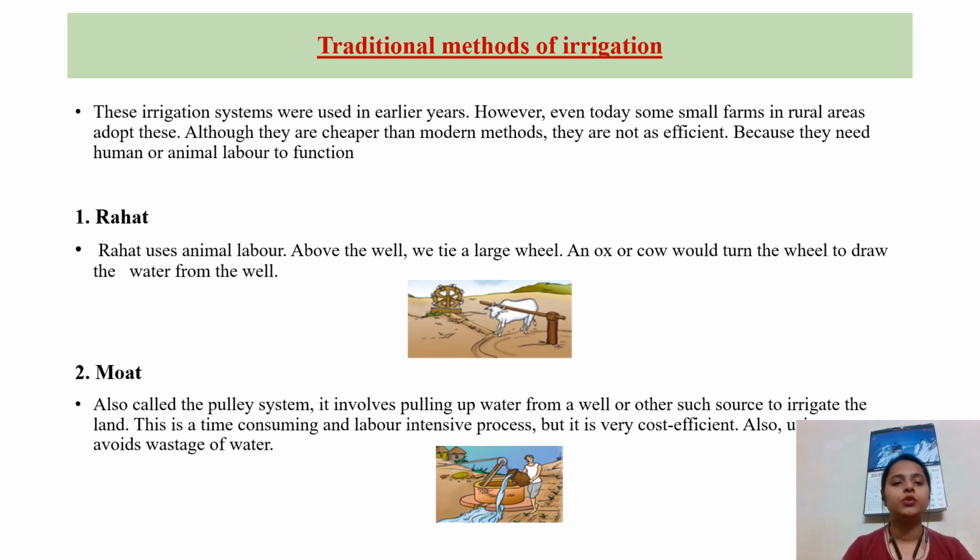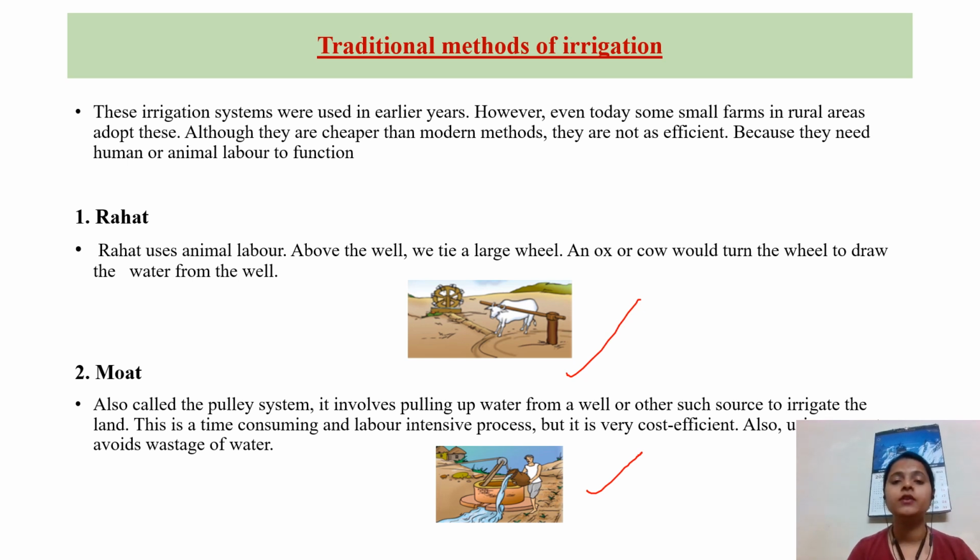Okay, so yes, in the previous slide I showed you two images, and these were those two images. The first one is Rahat and the second one is Moat. Rahat and Moat are traditional methods of irrigation. So now let's look at what traditional methods of irrigation are. Basically these irrigation systems were used in earlier years.